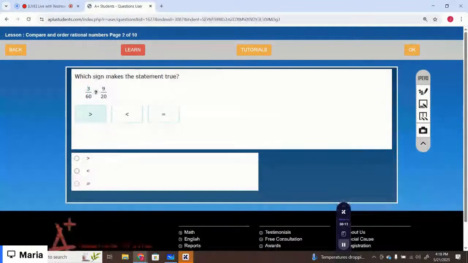Which sign makes the statement true? 3 over 60 and 9 over 20. Which is the correct option?